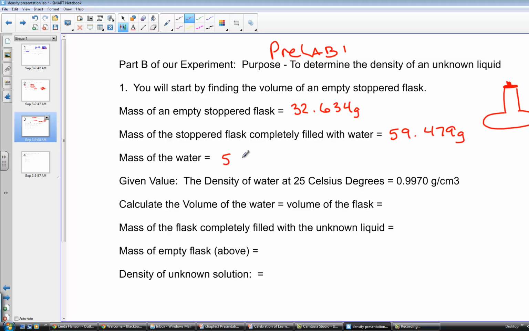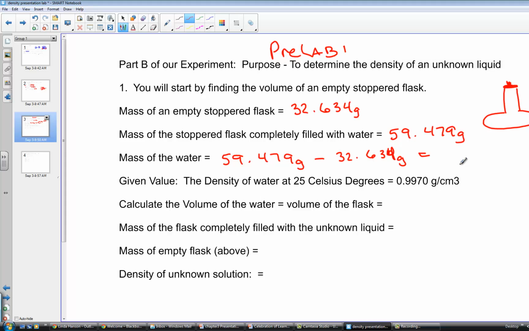If I know the empty flask and I know the flask with the water in, we're looking at a simple subtraction, aren't we? How much does the water weigh? Well, if the flask weighs 59.479 grams when it contains the water, let's subtract the clean flask, 32.634. Hit it on your calculator and make sure we get a common answer.